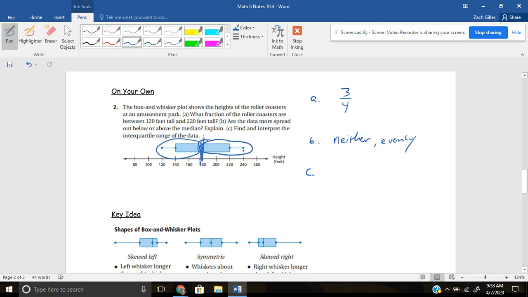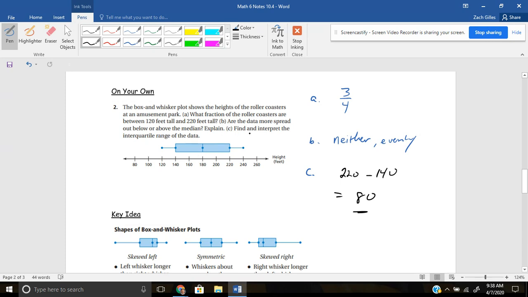And then lastly, letter C says find and interpret the interquartile range. So again, for that one, you're finding the range of your box. So you would take 220 and subtract 140 and you would come up with 80. Okay, and what does that mean when you're finding the interquartile range?